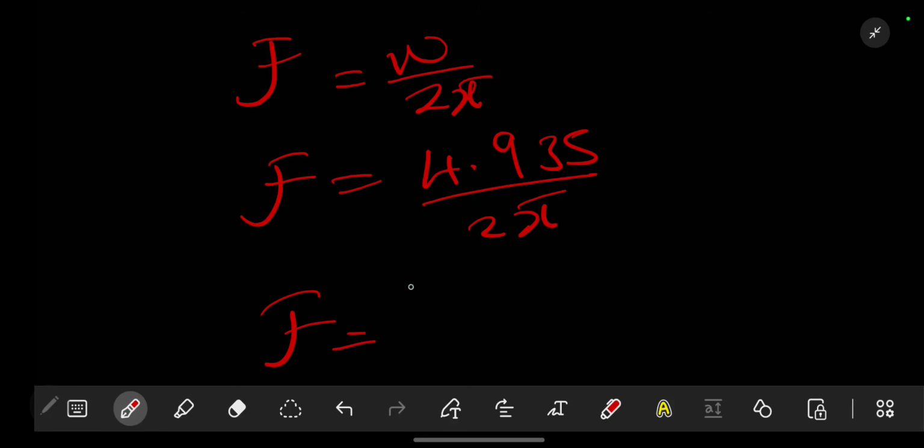This gives us a value that is equivalent to, okay, so be careful when you're pressing, 4.935, put these in brackets. I've made a mistake, so I've noticed that. So put them in brackets. So we have 4.935 divided by, open brackets, 2 pi. This gives us a value that is equivalent to 0.785, like that. So 0.785. The units are Hz.